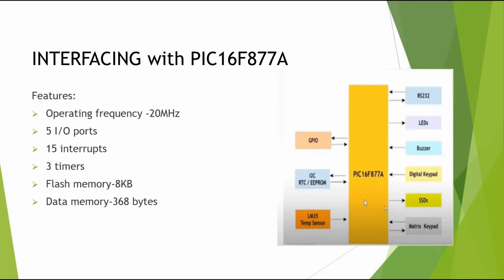Hello everyone, I'm Geetha. Here we can see the interfacing with PIC16F877A. Its main features are: it has an operating frequency of 20 MHz, 5 input-output ports, port A, port B, port C, port D, and port E. There are 15 total interrupts, 3 timers, and it has a flash memory of 8 KB and data memory of 368 bytes.